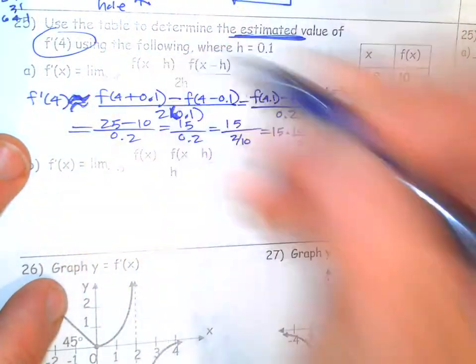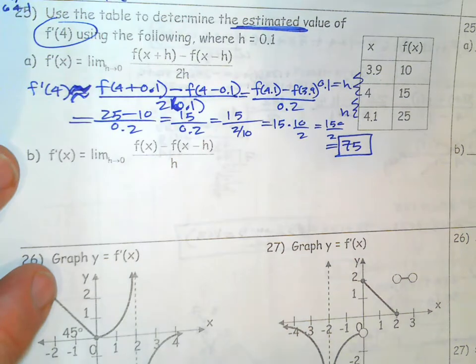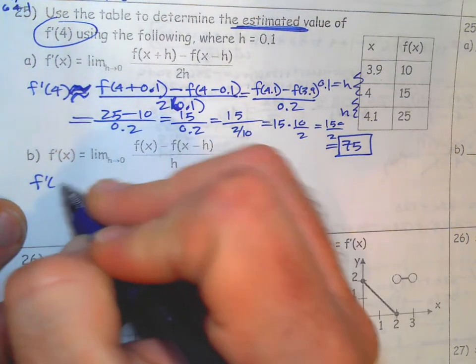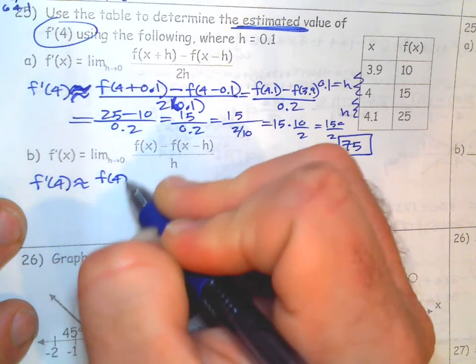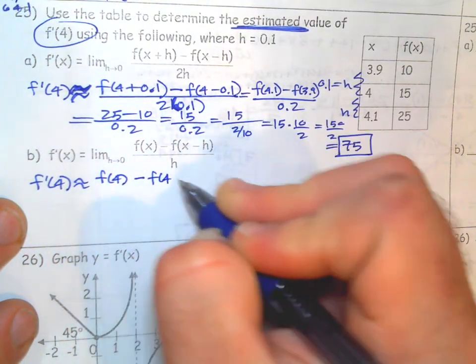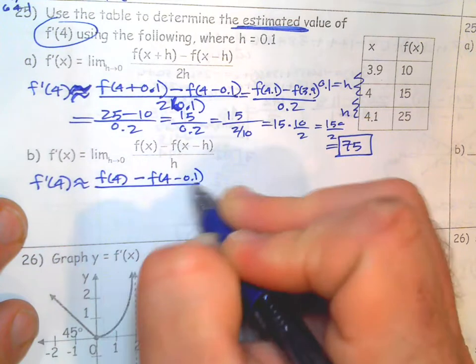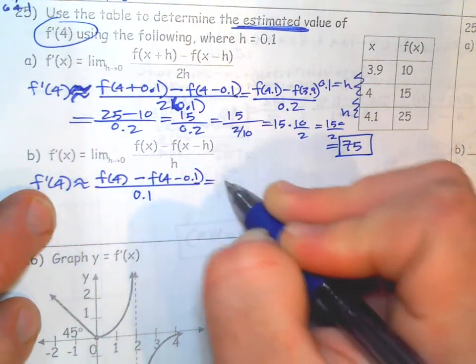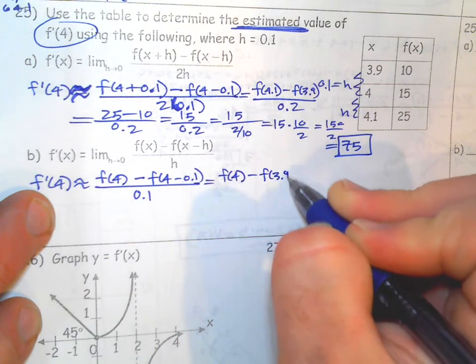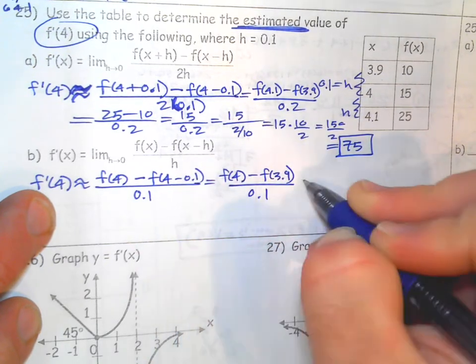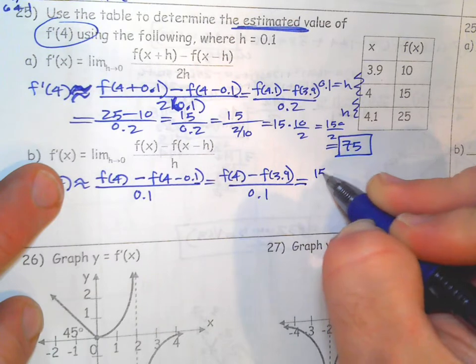The most appropriate thing is to put a wavy equal sign right here. It's an estimate, but no limits. So f prime of 4 is approximately f of 4 minus f of 4 minus 0.1 all over 0.1. So this is f of 4 minus f of 3.9 over 0.1. And f of 4 is 15, f of 3.9 is 10.